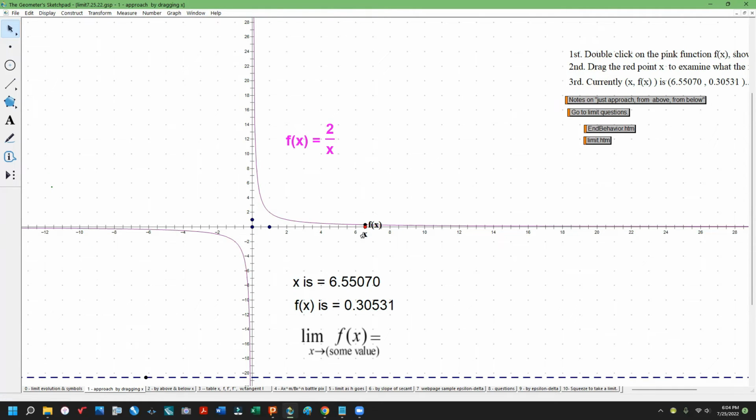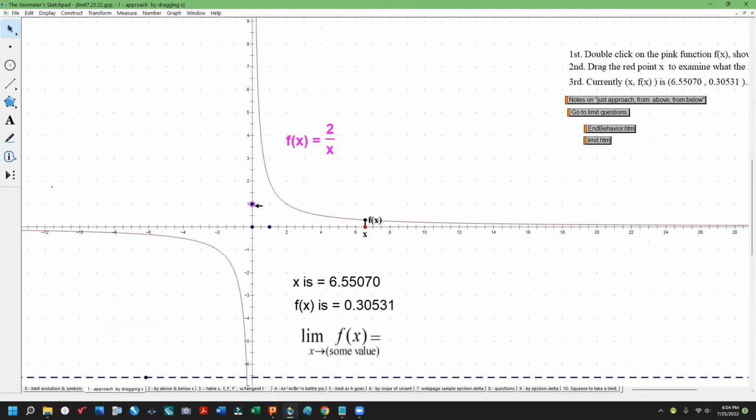That's what we're playing with today. And I just like to look at what the values of the function are as x approaches some constant. In this picture, we're going to approach 0.